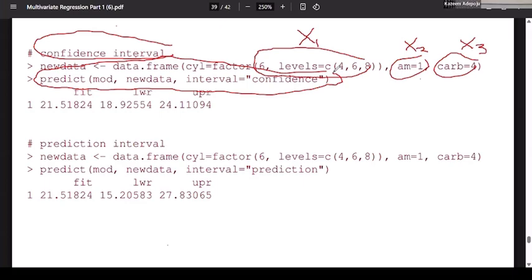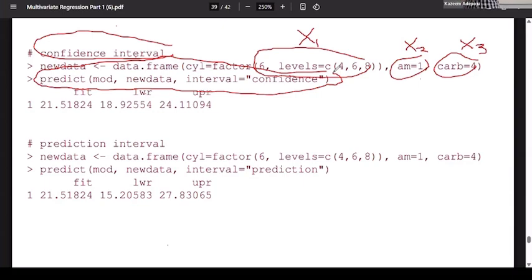Then new data, of course, your new data, where you know the values of x1, x2, and x3. Then in the interval argument, you're going to write confidence. You write confidence for an interval estimate for prediction that has to do with the average.